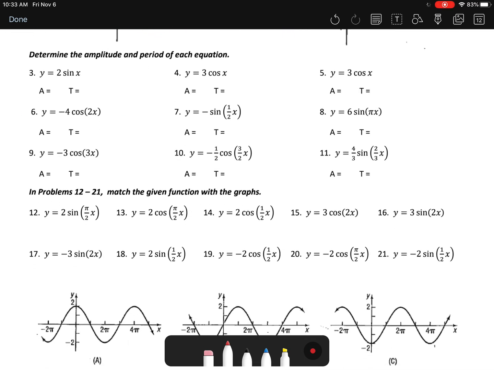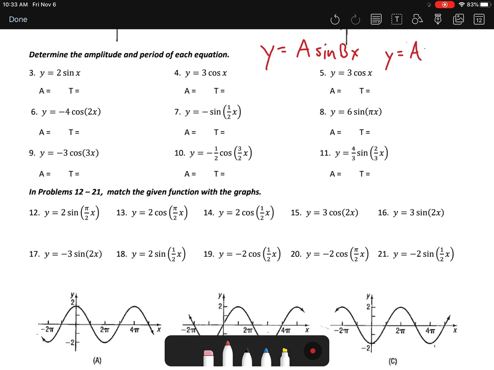Okay, now the next part, determine the amplitude and period of each equation. All right, so I'm just going to pick some randos here. Let's see number 6. All right, we see that the amplitude is the number in front, because remember, this is our formula.